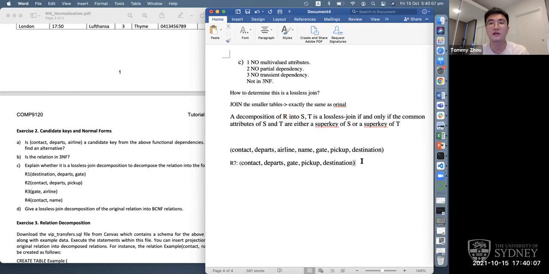So what are the common attributes of R1 and R2? It'll be departs. Okay. So the next question we are going to ask is whether departs is a superkey of R1 or a superkey of R2.